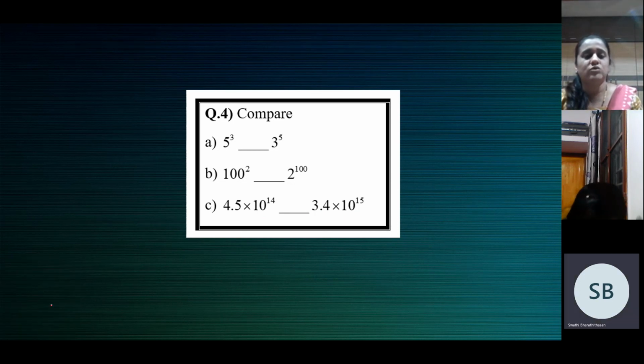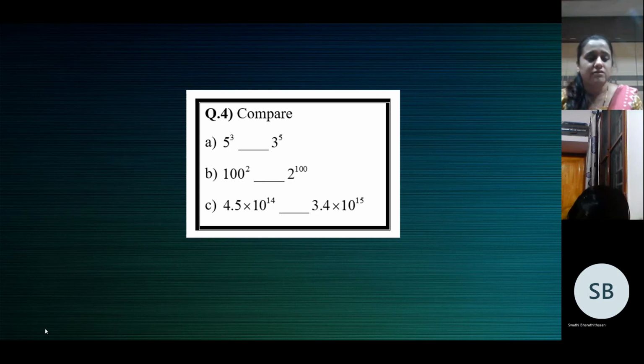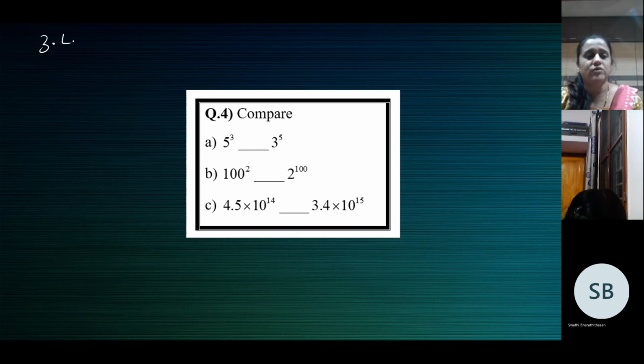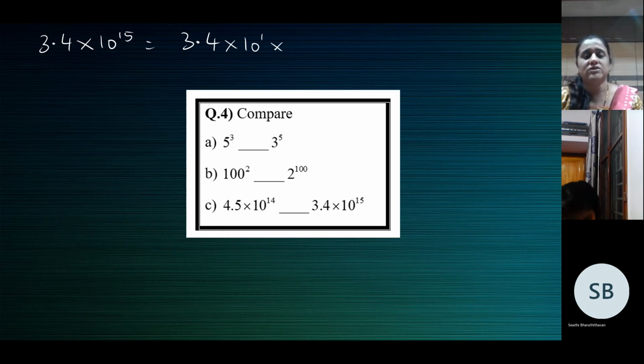If you ask me how to present this answer, you must just write 3.4 into 10 to the power 15 is equal to 3.4 into 10 to the power 1 into 10 to the power 14. So this is nothing but 34 into 10 to the power 14.